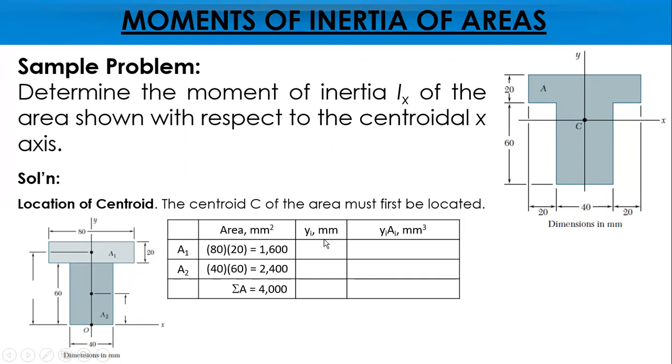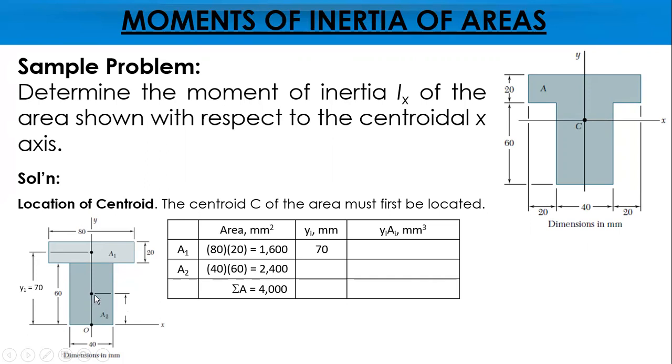This is element 1, and its centroid is there. The distance of this centroid from the x-axis is 60 plus 10, 1/2 of 20, that's 70. So y1 is 70.